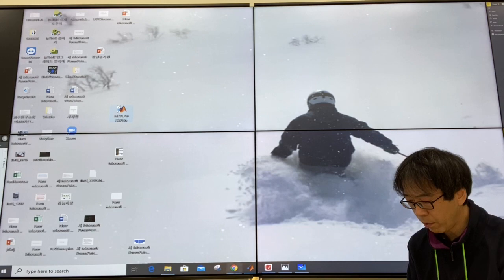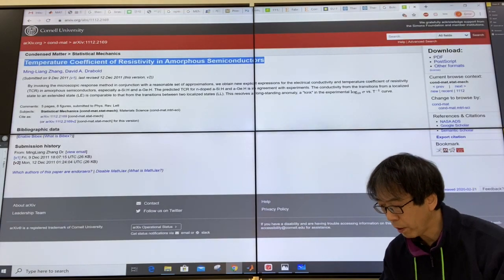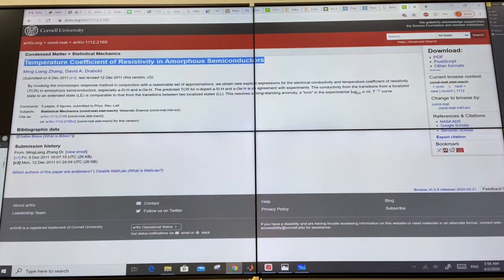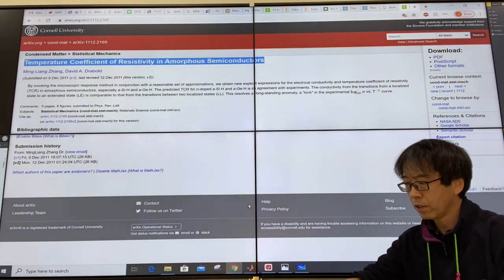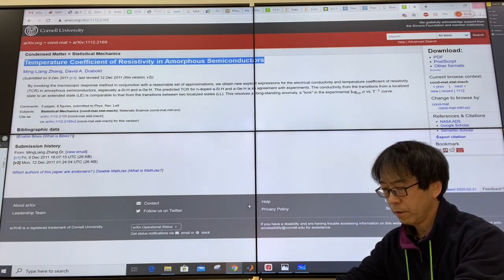So for example, if you take a look at the website and try to find out what kind of test you can do with these structures.